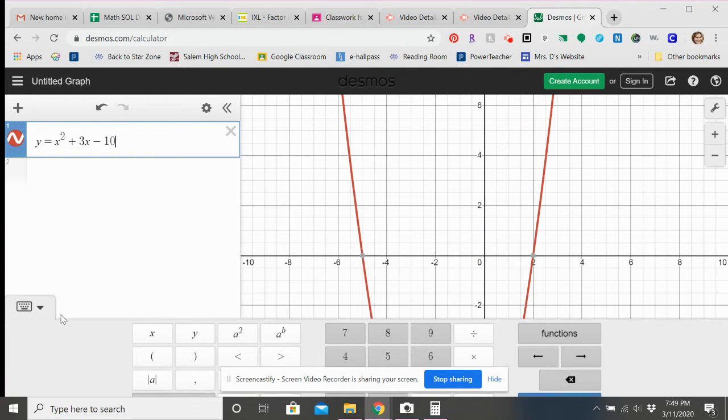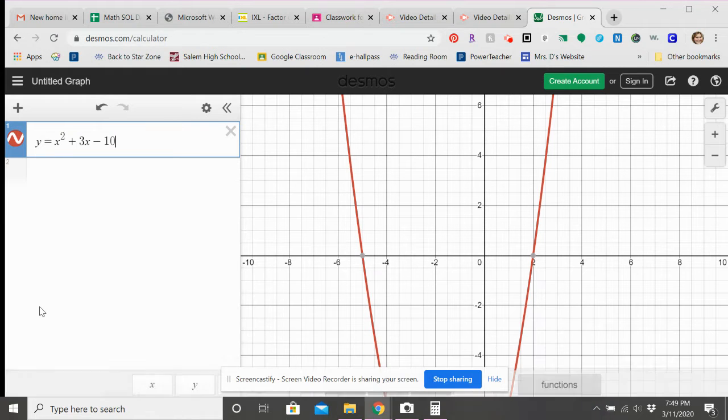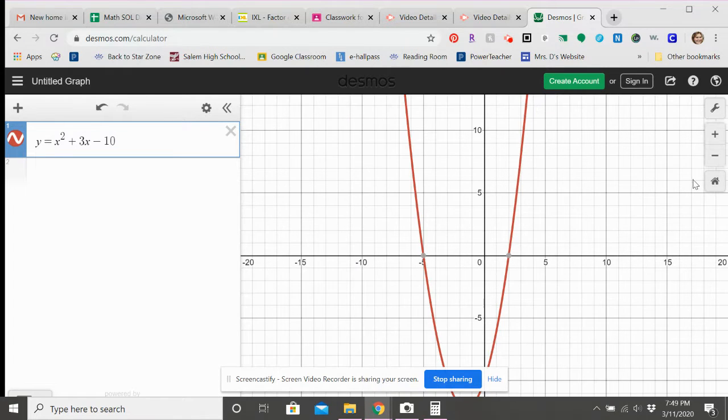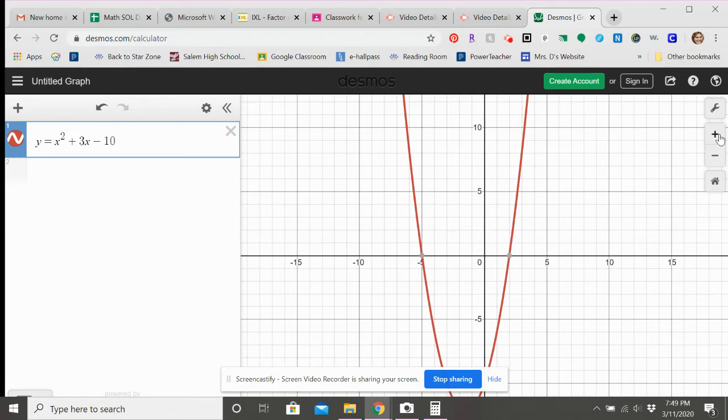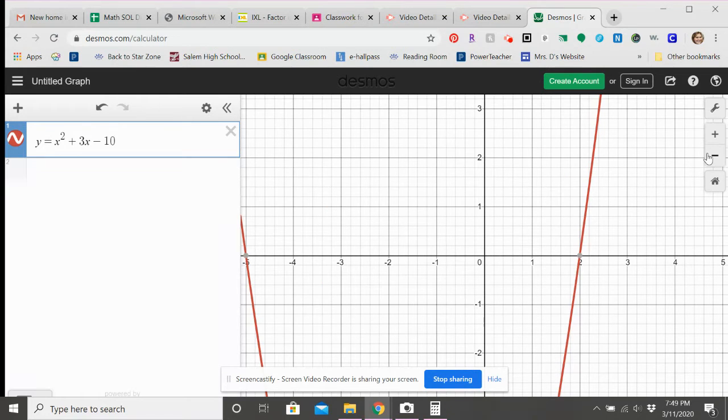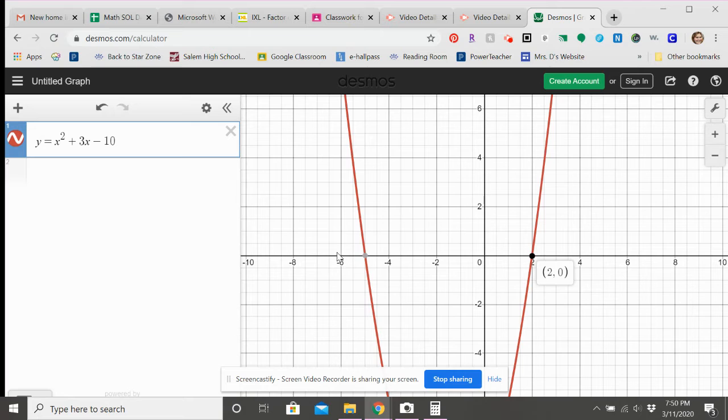Now, when you graph a quadratic, it builds this shape called a parabola. Kind of looks like a U if I zoom way out. And the solutions to any equation ever are right here on the x-axis. So the solutions to this equation are going to be x equals negative 5 and x equals positive 2.